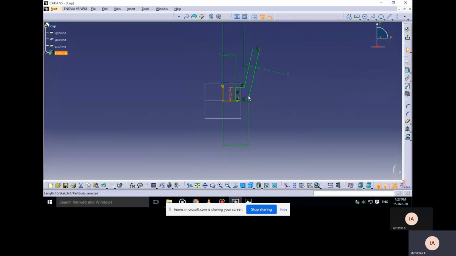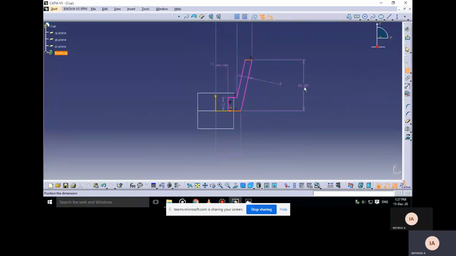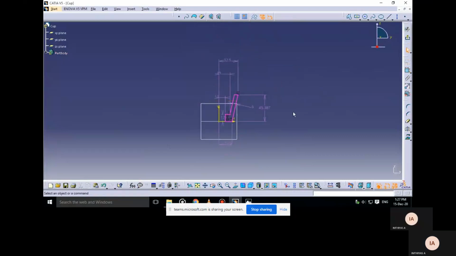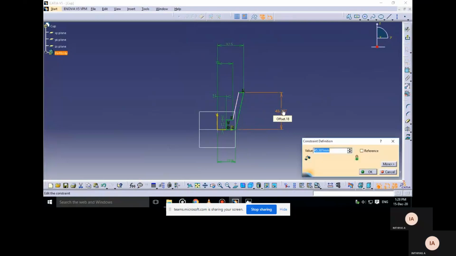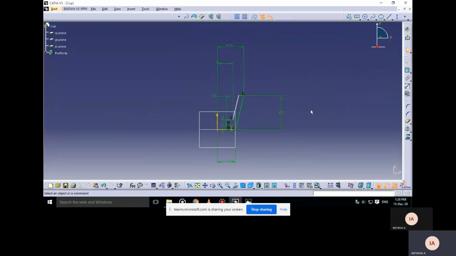That is 12. And it is 45. It is made as over constraint. That should be avoided. If not, we can't revolve it. There it is 6 mm.